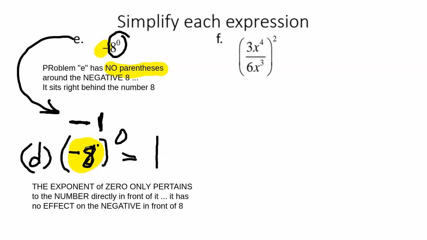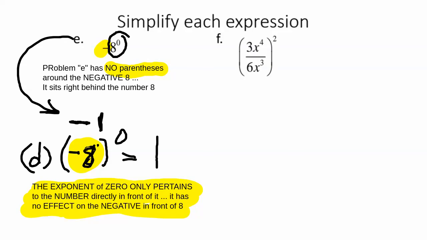And this is something you've got to remember. The exponent of 0 only pertains to the number directly in front of it. It has no effect on the negative in front of 8.